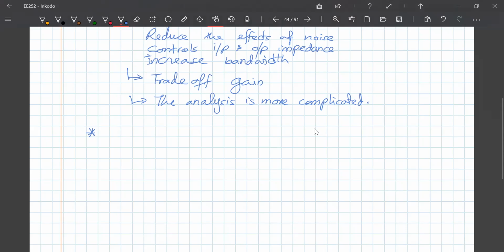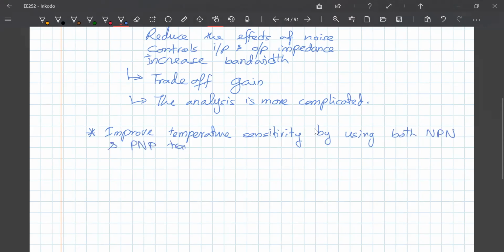Okay, so let me put this also. This is also another improvement. So improve temperature sensitivity. So that it is less sensitive to temperature variations. Sensitivity by using both NPN and PNP type transistors in the same circuit.